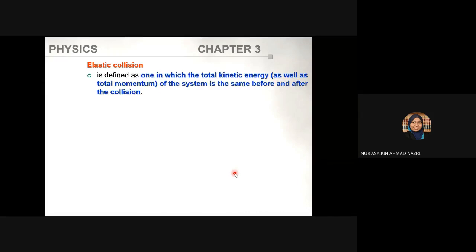So we have two types of collision, which is elastic collision and inelastic collision. It is defined as one in which the total kinetic energy as well as total momentum of the system is the same before and after collision. Okay, so this one elastic.